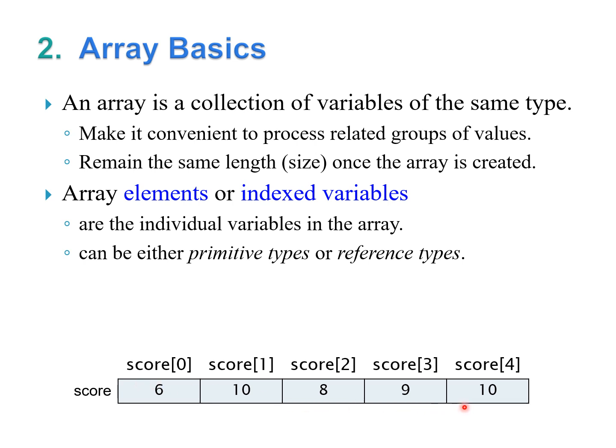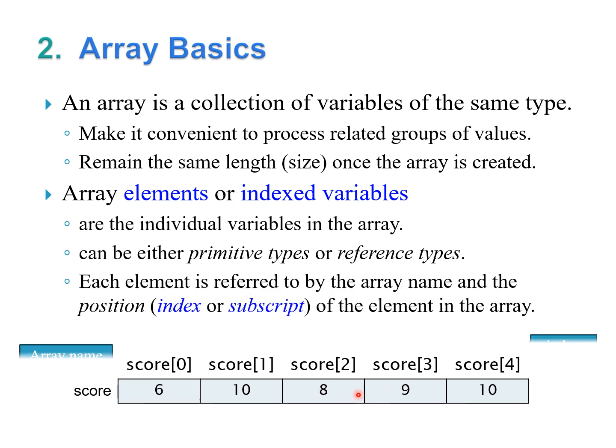Each element in an array is referred to by the array name and the position of the element in the array. The position of an element in an array is called index or subscript. For example, in the array named score, the elements are referred to as score[0], score[1], score[2], score[3], score[4].